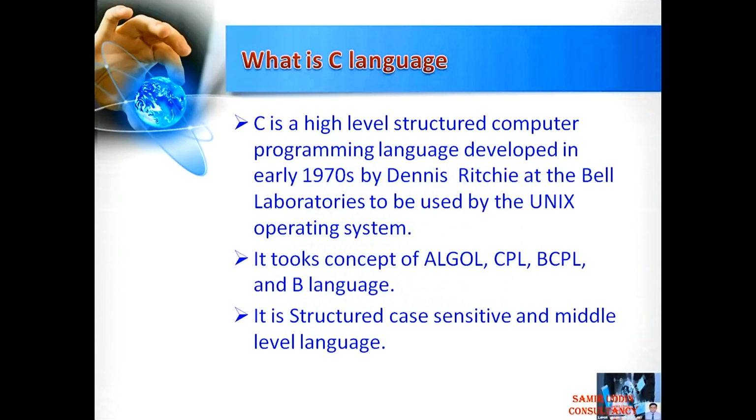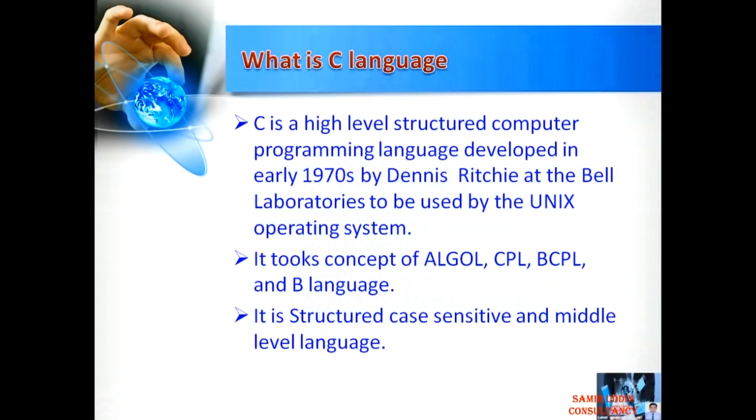It was invented with reference to some earlier developed programming languages like ALGOL, CPL (Combined Programming Language), BCPL (Basic Combined Programming Language) and B language. C is a case-sensitive programming language where capital A and small a are different.